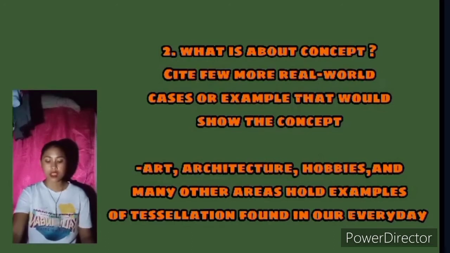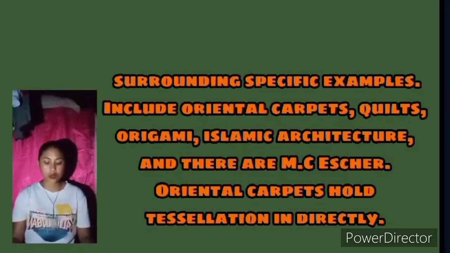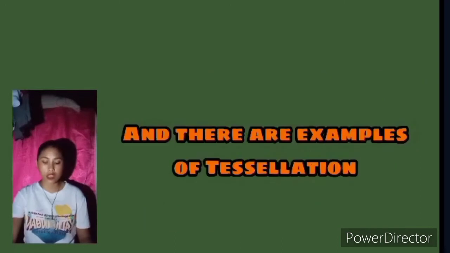Art, architecture, and many other areas hold examples of tessellation found in our everyday surroundings. Specific examples include oriental carpets, quilts, Islamic architecture, and M.C. Escher. Oriental carpets hold tessellation indirectly, and these are examples of tessellation.